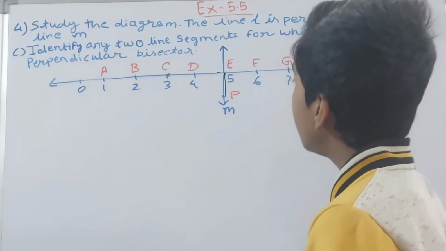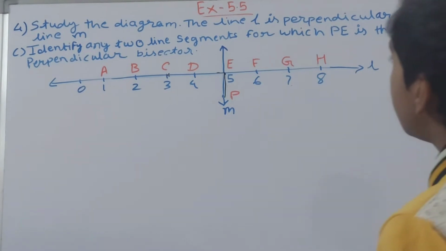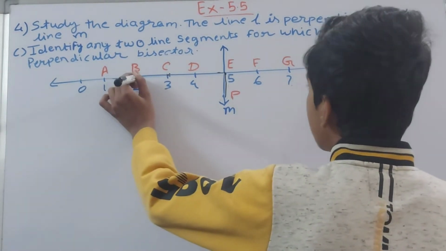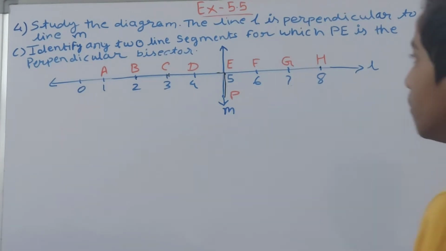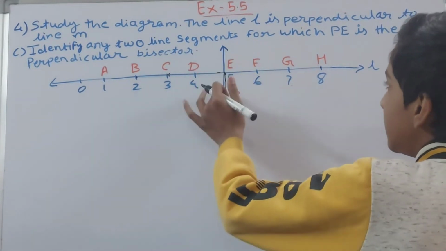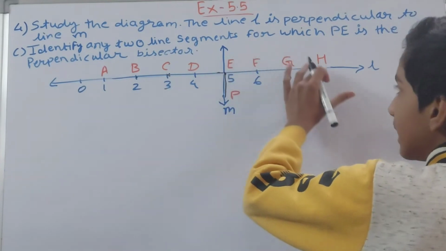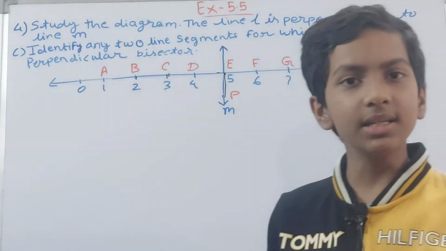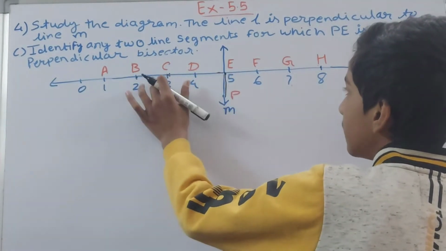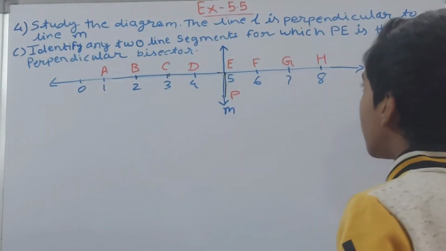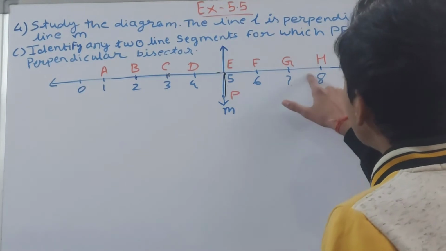So if you see here, first we can take B to H. From B to H, PE divides it into BE and EH. From B to E we have 1, 2, 3 units. From E to H we have 1, 2, 3 units.